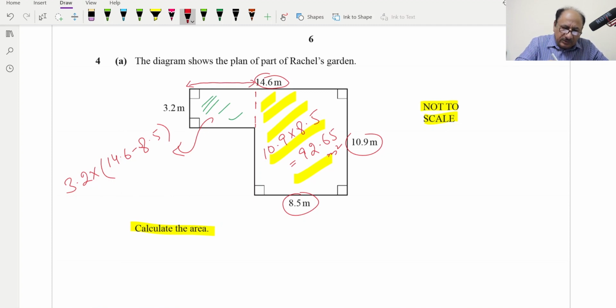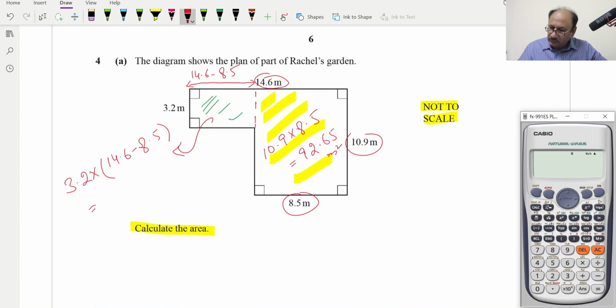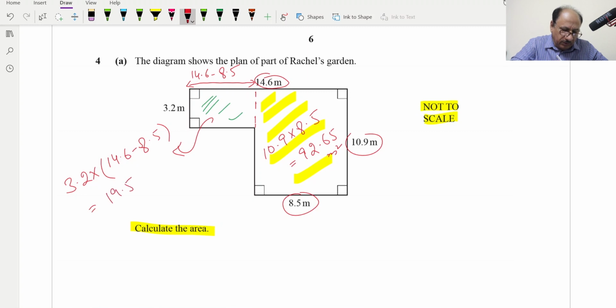So this length is 14.6 minus 8.5. That's why we have written this, and we can calculate this, and this will be 3.2 multiplied by 14.6 minus 8.5, and this will be equal to 19.52 meters square.